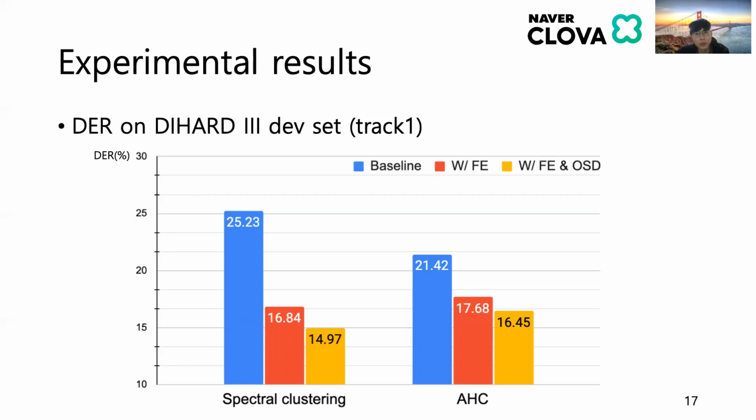An additional performance improvement was achieved using the output of the overlapped speech detection model, and we also found that the proposed overlapped speech detection model and feature enhancement technique can be effectively applied to other clustering methods, such as AHC. Finally, we submitted the system that achieved 40.97% DER on the development set as the primary system.